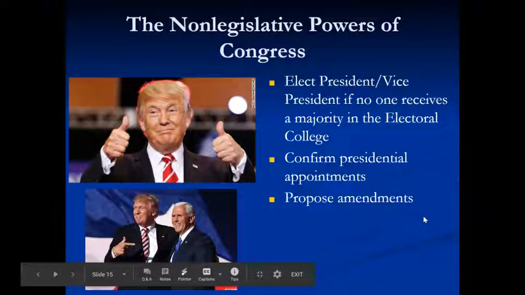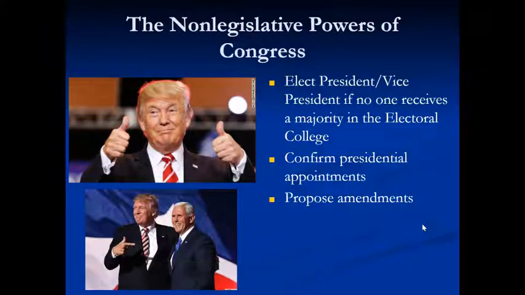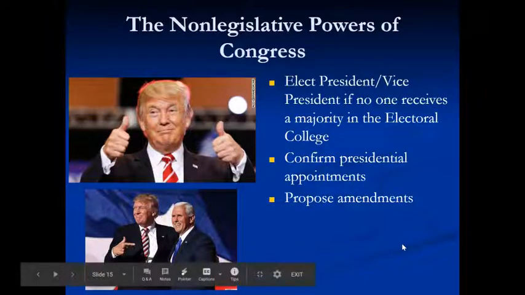Once that happens, it becomes a new amendment to the U.S. Constitution. So House, Senate, vote by Congress, then to the individual states, and once at least 37, that's 2/3 of the states, approve it, then it becomes an amendment. We've only had 27.